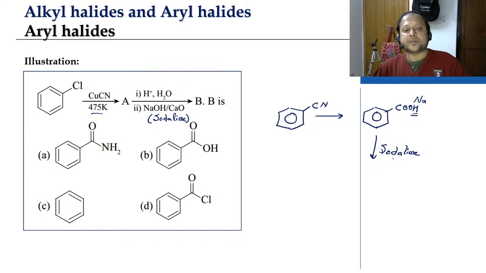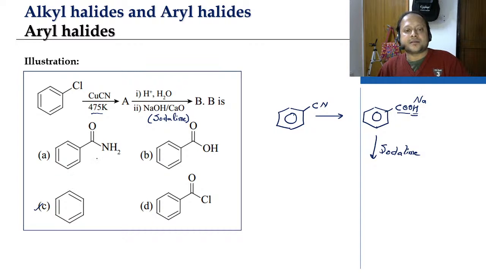So when you use soda lime over here, as I told you, this is a step down reaction. What is going to happen? In case of soda lime, carbon dioxide will be removed, sodium carbonate will be formed, and you will get a hydrogen over here. So therefore you should get C here, right?